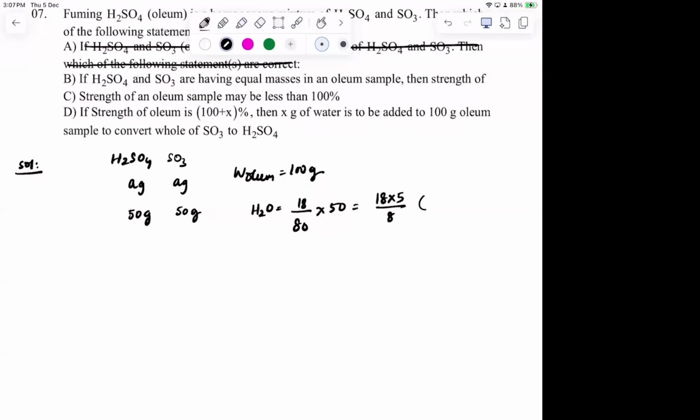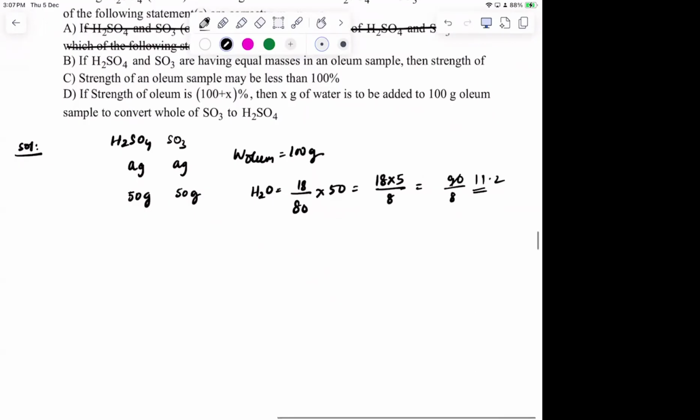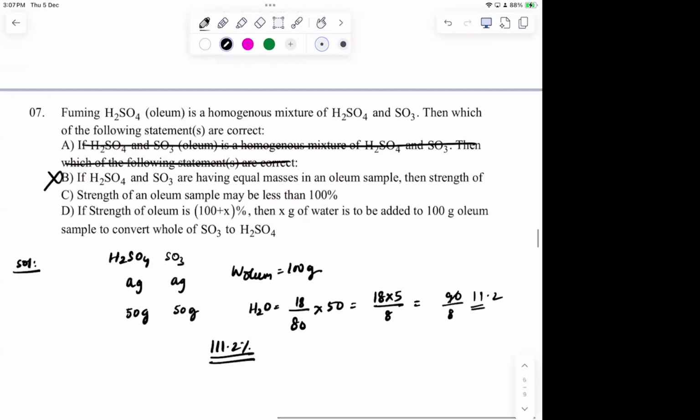Then only we will get this. This comes to approximately 11.2. So the percentage should be 111.2 percent. That's how we have to write. So this one is an incorrect option.